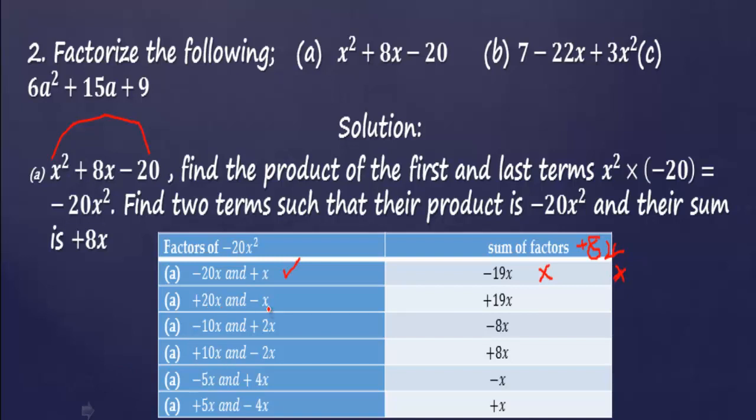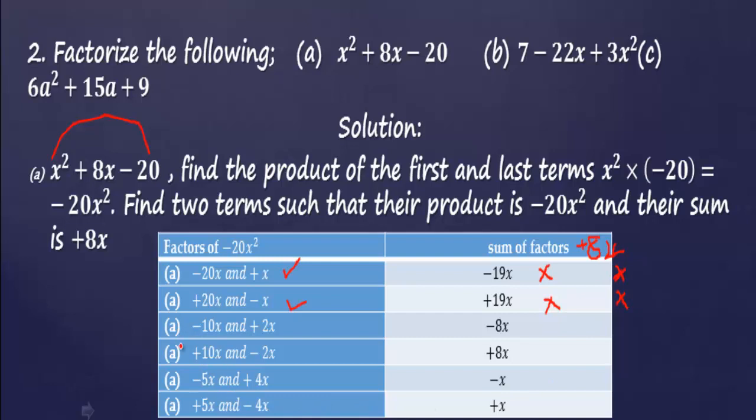When you multiply plus 20x and minus x, you get minus 20x squared, which is correct. But by the time you add them together, you get plus 19x, which is not equal to plus 8x, which is wrong. We can't pick this one also.